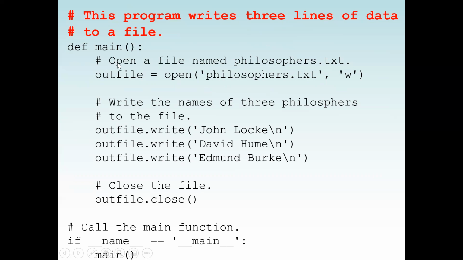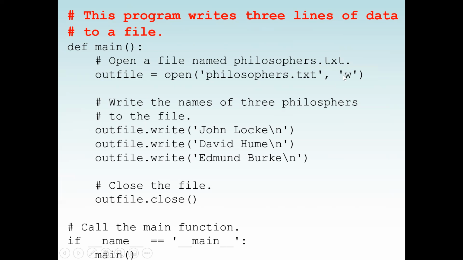Here we first open a file named philosophers.txt. We use the open function with philosophers.txt, and the mode is write, because the goal is to write into the file.